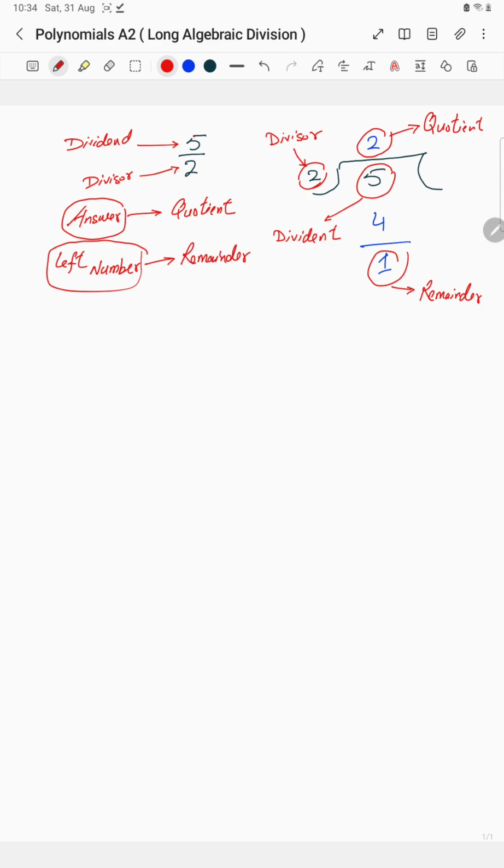These terms should be in your mind while doing algebraic division, the labels: what is divisor, what is dividend, and quotient and remainder.